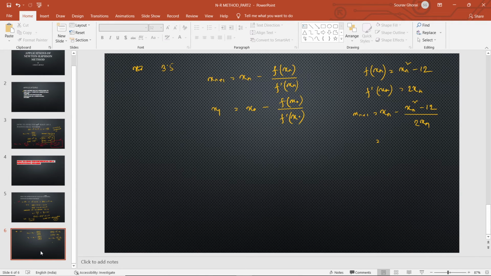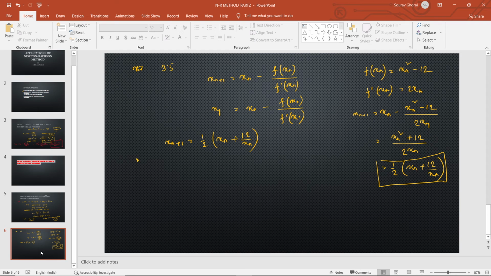From here we get xn square plus 12 by 2xn, and this will be half of xn plus 12 by xn. So we can write xn plus 1 is equal to half of xn plus 12 by xn.